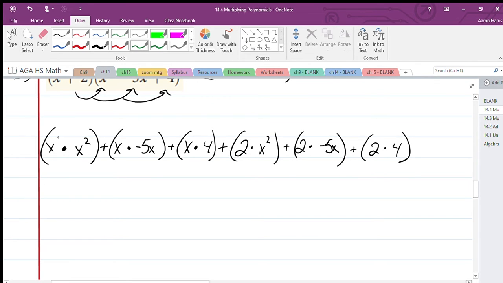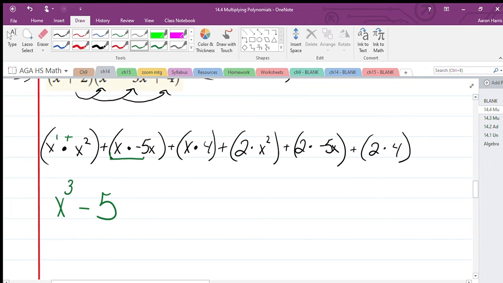x times x squared. Well, this has a power of 1, so I'm going to add the powers because I'm multiplying. The coefficients are 1, and 1 times 1 is 1. So I get x to the third, because 1 plus 2 is 3. Now, x times negative 5x, the coefficient is 1 times a negative 5, so I get negative 5.